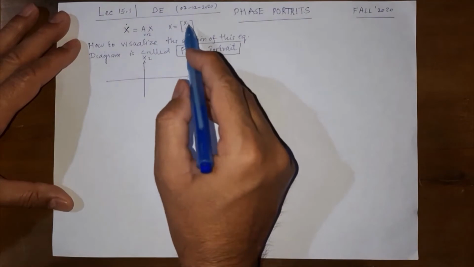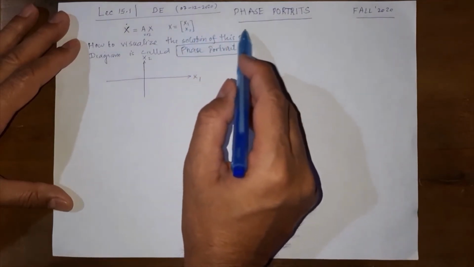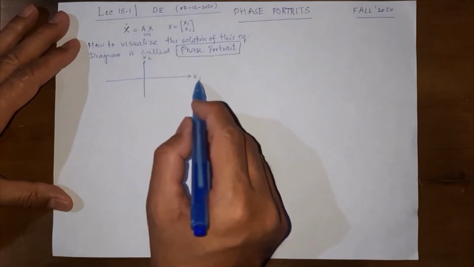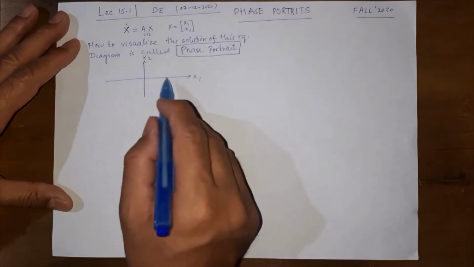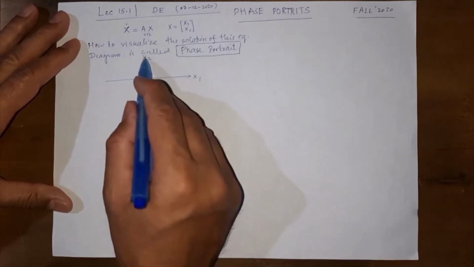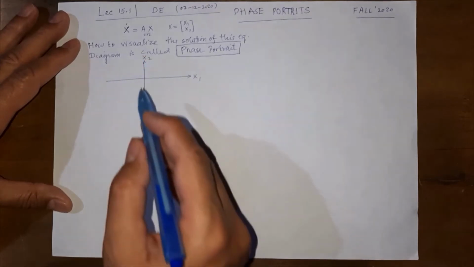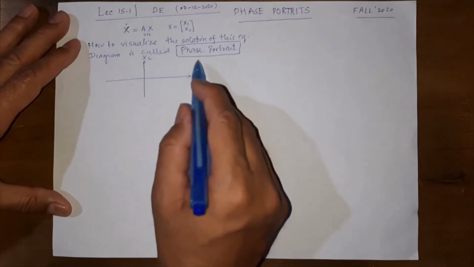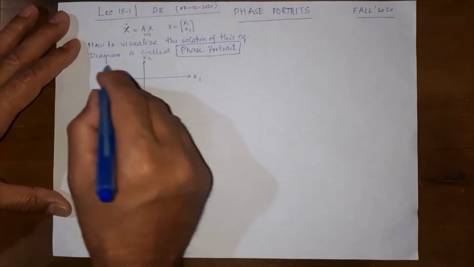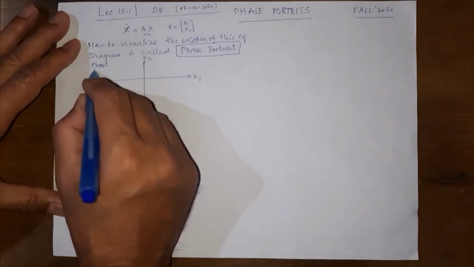When we plot x1 only against time, we get a function of time, with t on the x-axis and x1 here, and t and x2 here. But now we are going to plot how x2 is related to x1, or how x2 would change in relation to x1. This is known as a phase portrait, and the space in which we make this visualization is known as a phase space.